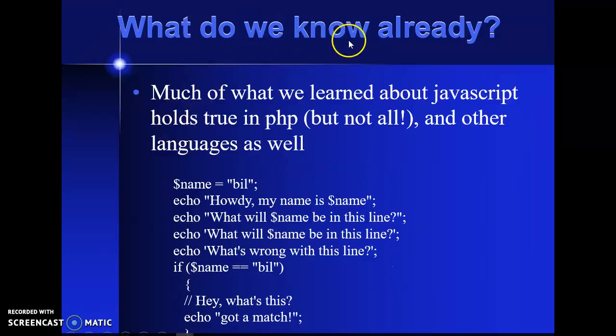What do we know already? Much of what we learned about JavaScript holds true in PHP, but not all, and other languages as well. So here there is a code where Bill is assigned to the variable name.